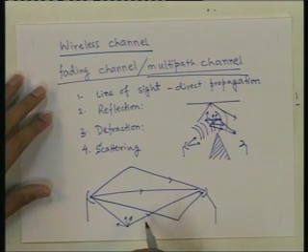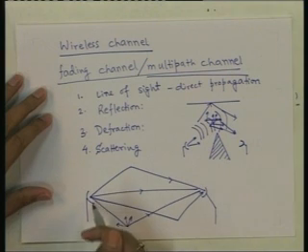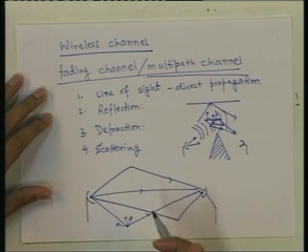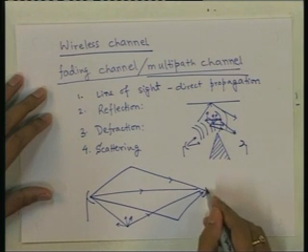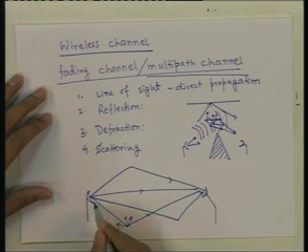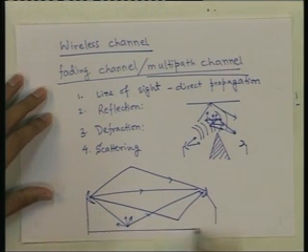Okay. And it is quite interesting to think what will be the signal power that we will receive if the receiver antenna and the transmitter antenna are separated by a distance d.